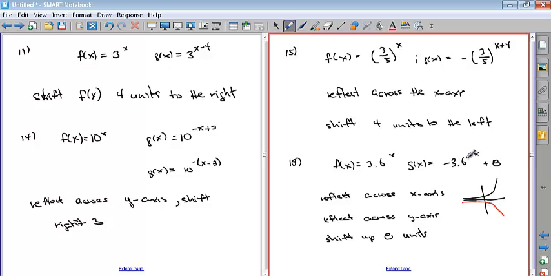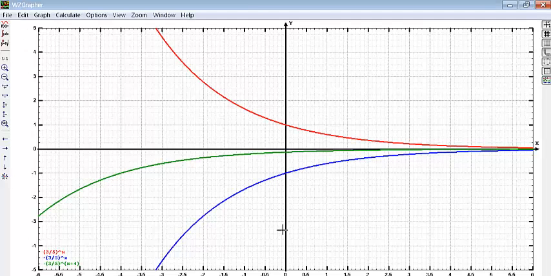Then this negative sign reflects it across the y-axis. And then the final thing is going to shift this thing up 8 units to something like that. So that's what it should look like. So again, we're going to plot this thing.